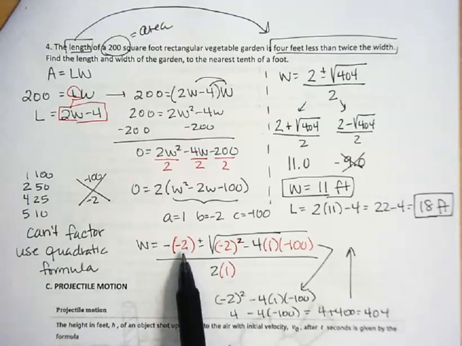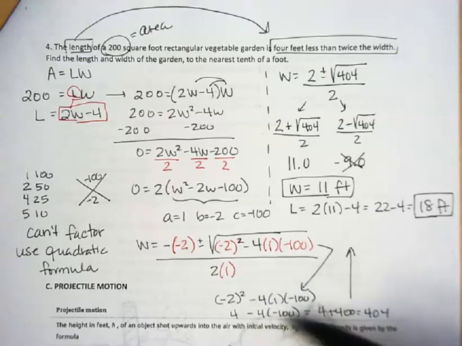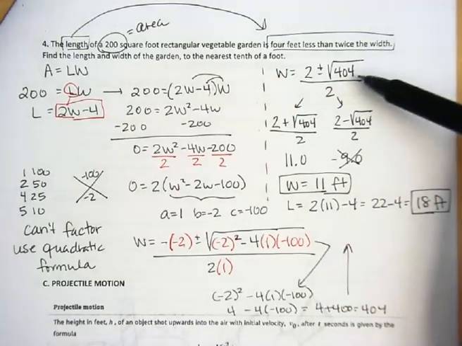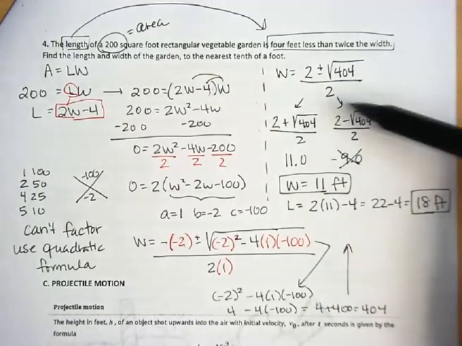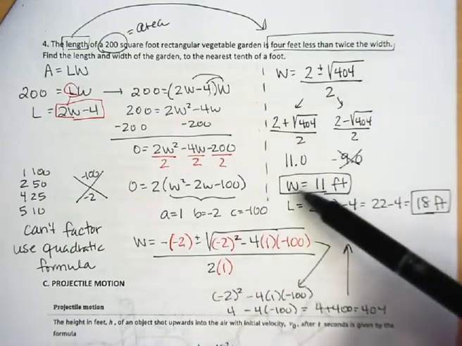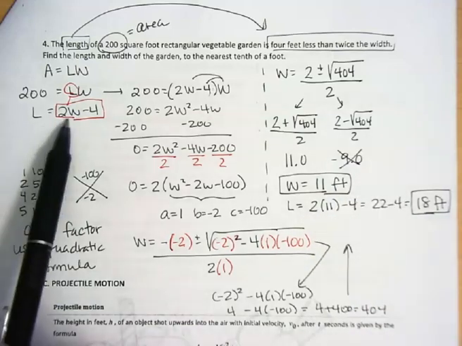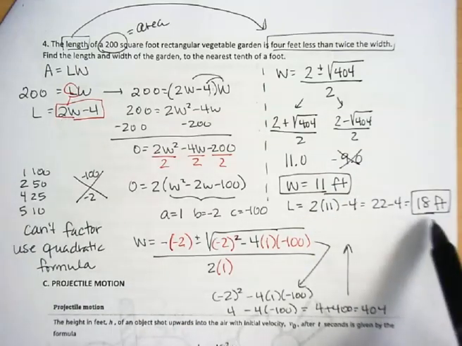I have my substituted numbers written in red, and then here's the math for just what's inside the radical. I got 404. Then back up here, I have the positive version of radical 404 and the negative version. The negative gives me a negative number, which I throw out. So my width is 11.0, and then I plug that back into my L formula to get 18 feet for the length.